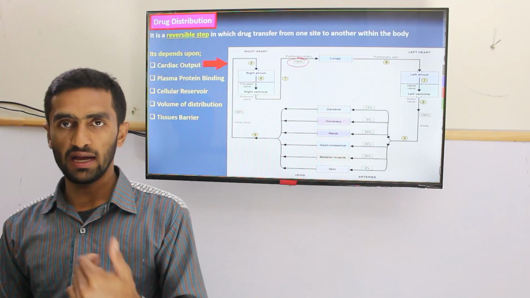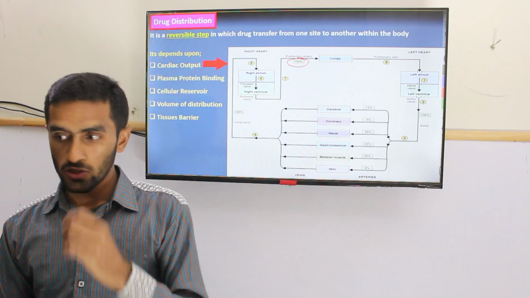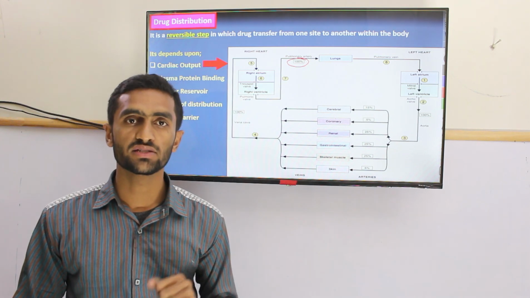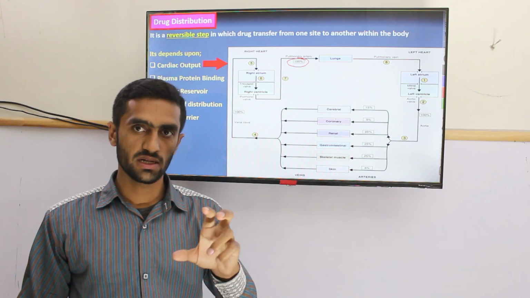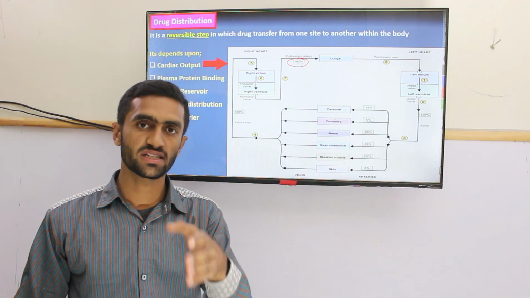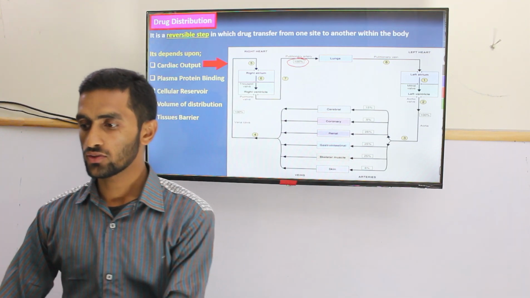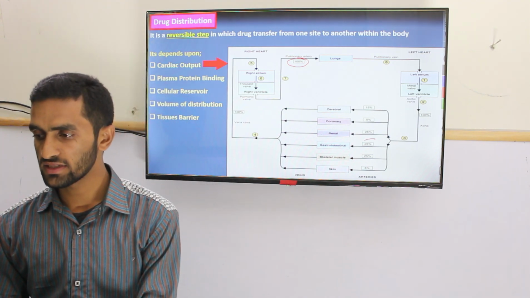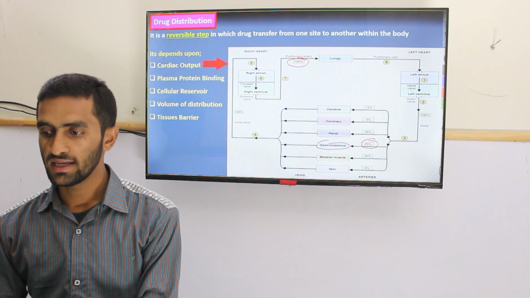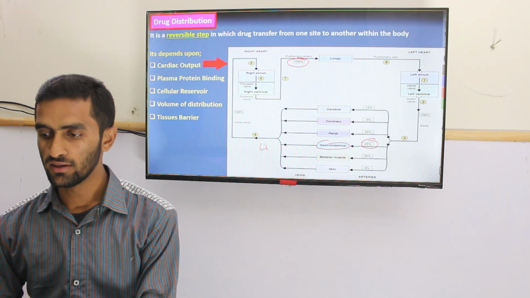If we look at the liver, 30% of your blood is going to the liver, because the whole GIT blood enters the liver via the portal circulation. So this 25% mentioned here for the gastrointestinal tract is also going to your liver.